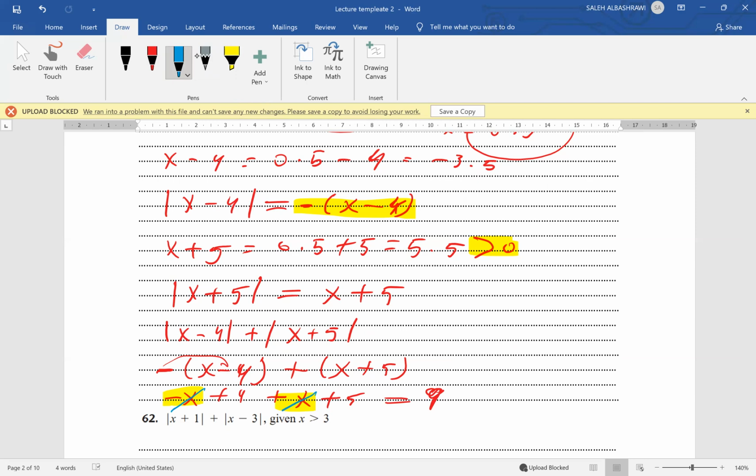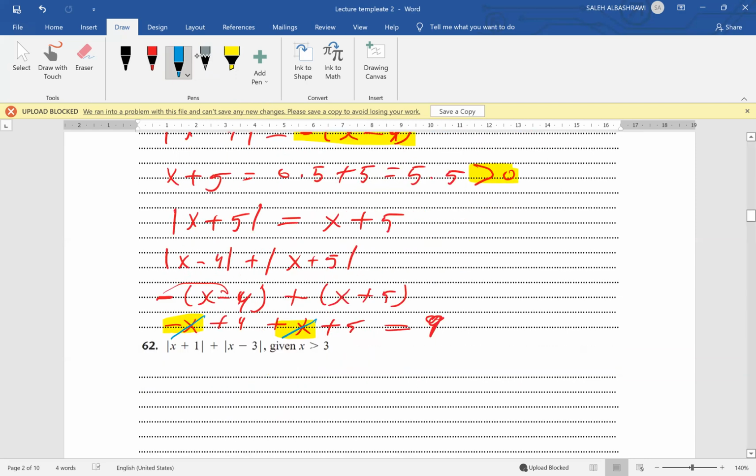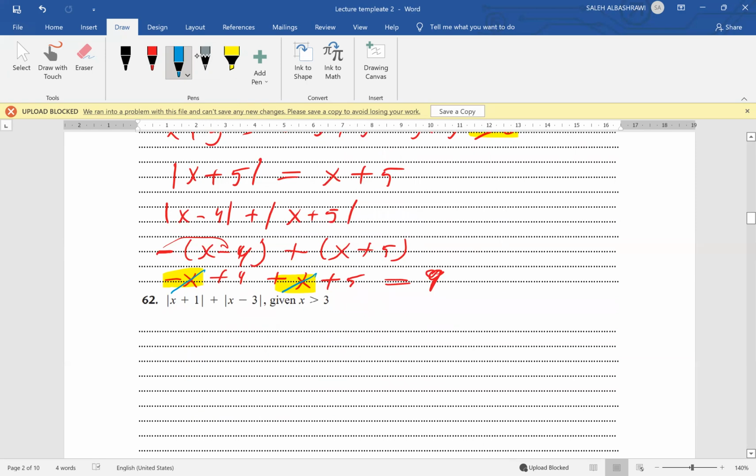Next example, I have the absolute value of x plus 1 plus the absolute value of x minus 3, where x is greater than 3. In this case, I will choose a number greater than 3. I can choose x equal to 4, just to check the sign of what is inside the absolute value. Now 4 plus 1 is equal to 5, which means this is positive.